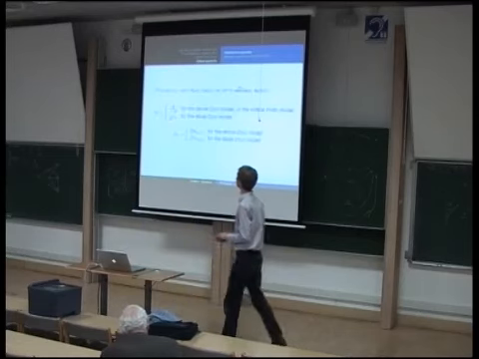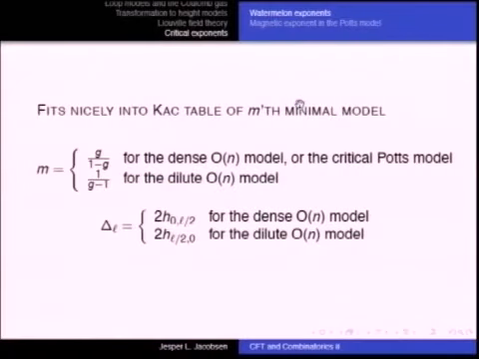But before doing that, let us just remark that these exponents that I have just found fit nicely into the Kac table of the minimal models. Let me get this little handle on the side. Remember, there was this index M for minimal models.